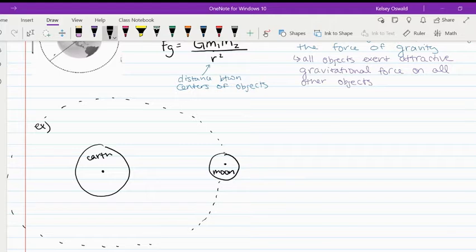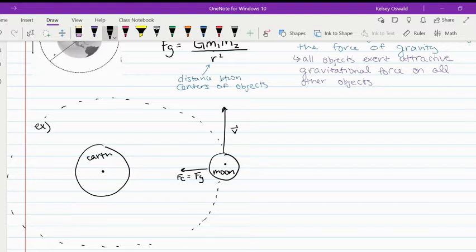Again, as a reminder, everything naturally wants to move in a straight line. So our velocity vector is still tangent to that circle, because without that centripetal force pointing inward, our moon would want to travel straight and would not continue in that circular path. But because we have that force of gravity pointing inward, we have that circular orbit.